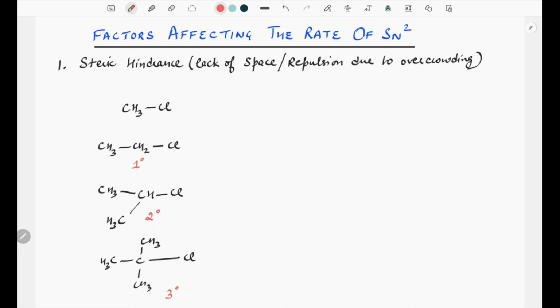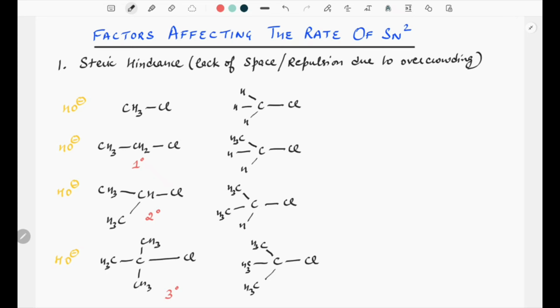Now consider the reaction of hydroxide with all these four molecules. Let's zoom in for all these. In the first case we can write CH, H, H, Cl. In the second case we can write CH3, H, H, Cl, and similarly we have written for secondary and tertiary.